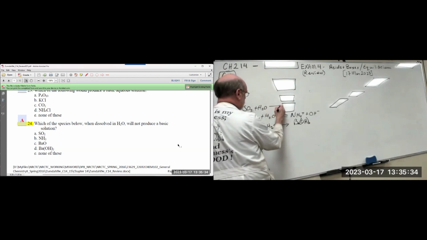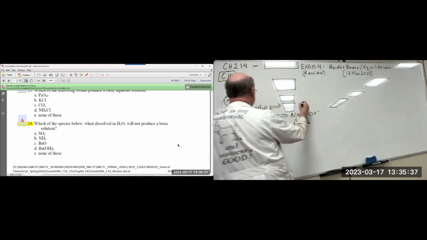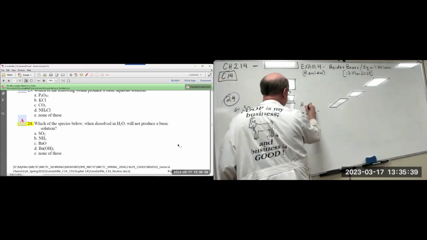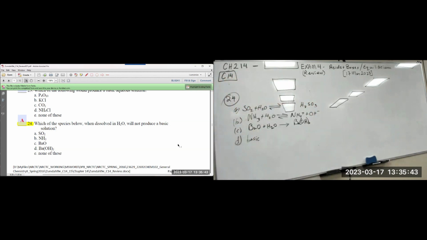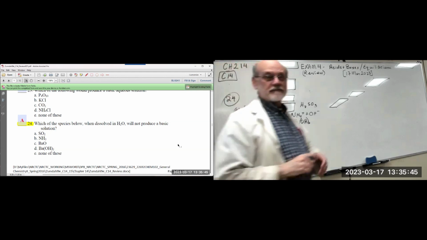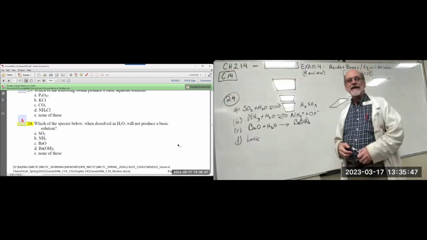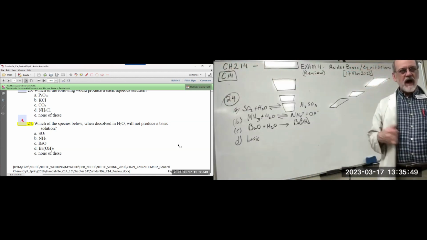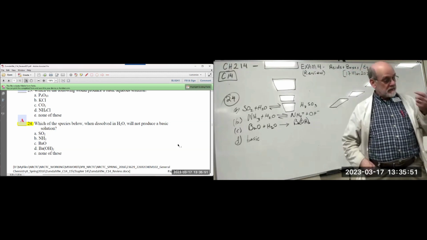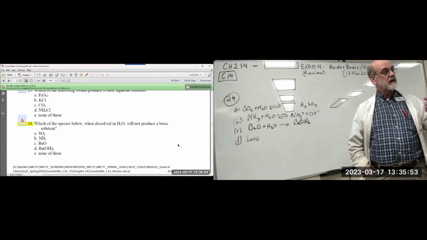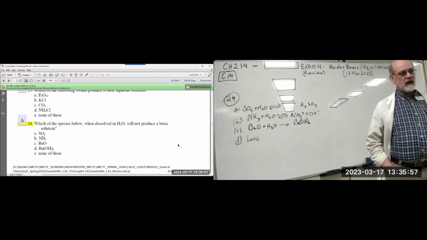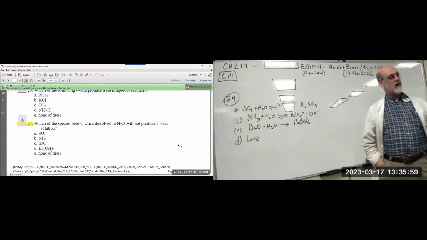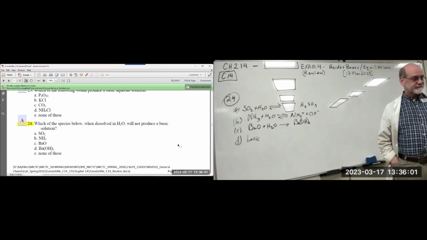Well, it produces H2SO3, which is acid, right? It's one of those acid anhydrides. When you have an oxide formed from a nonmetal, a nonmetal and oxygen dissolved in water always makes an acidic solution. Whereas a metal oxide always makes a basic solution.